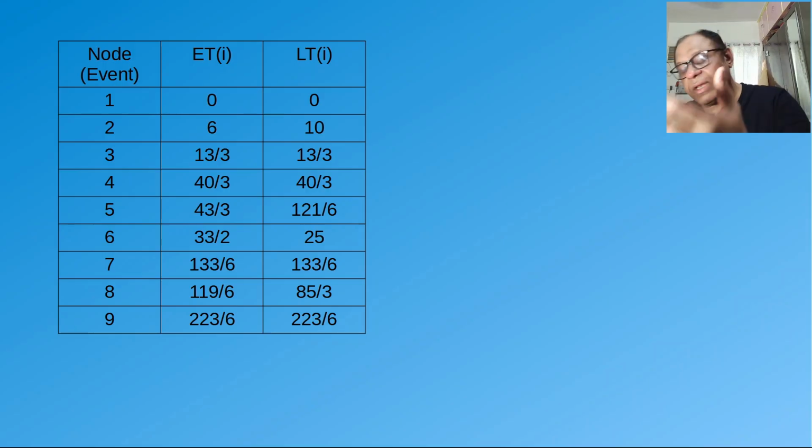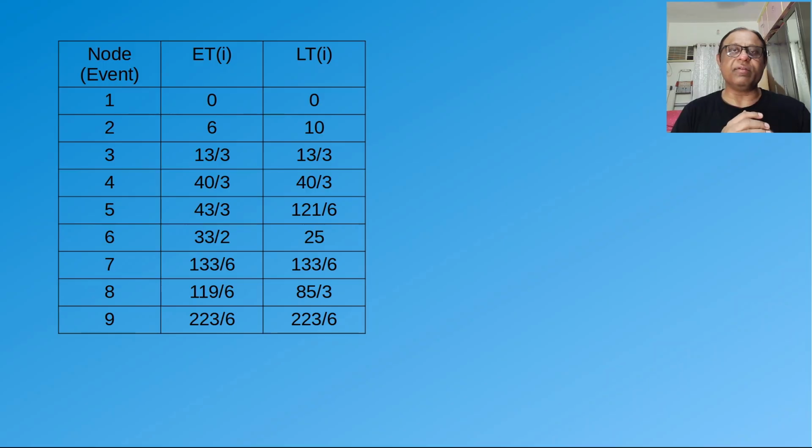Or what if you are given more than 37 weeks? What is the probability of success that you might end up doing it? That's question number 1. For this, we need to know which activities are critical, the activities which cannot be delayed. That is the first thing we need to know.